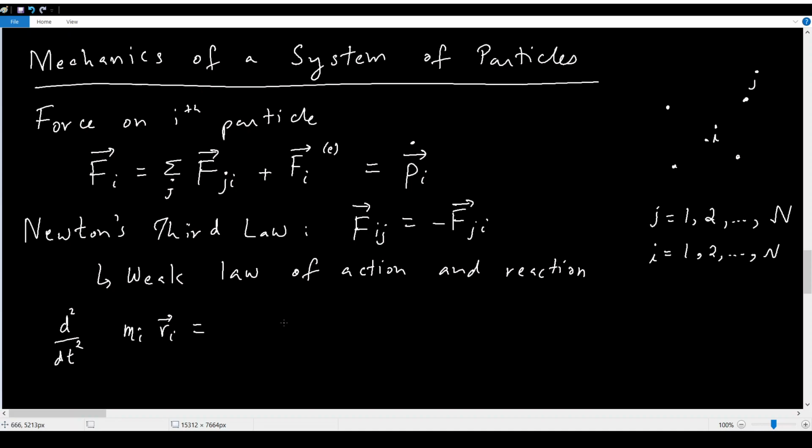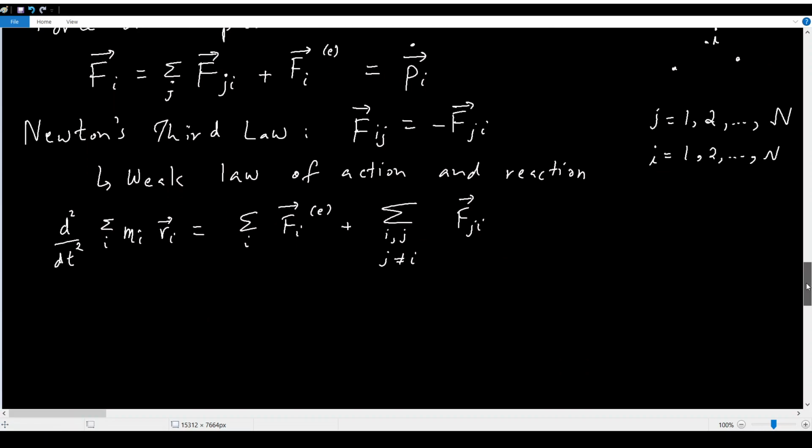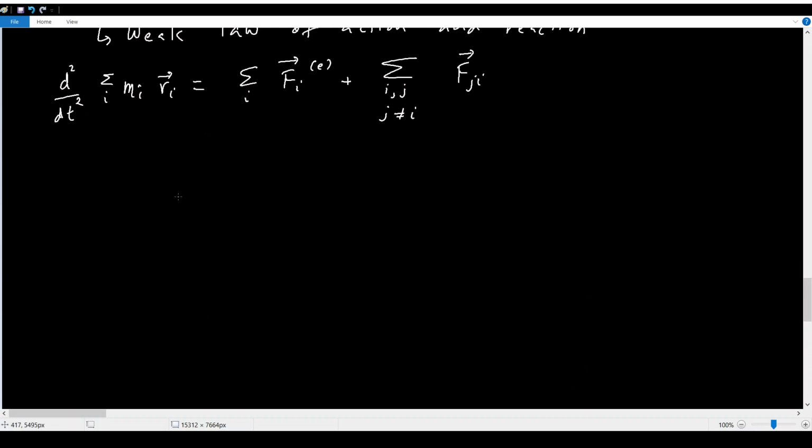I'm going to write the external force first, and the internal forces next. And now I'm going to sum over all the particles: a sum over i here, a sum over i here. Oh, and there was a sum over j here. So let us write the sum over i and j, where of course j does not equal i. This was implied before, but let me write it explicitly. So this is summed over all the particles.